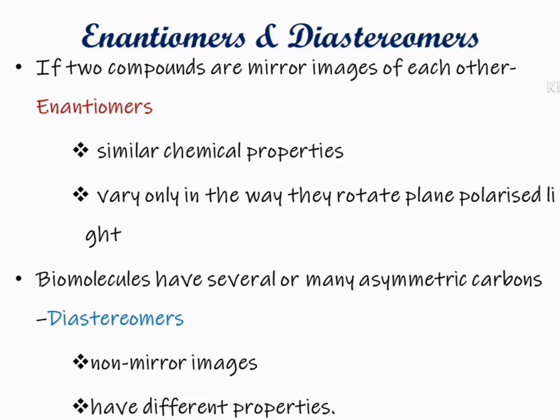Most biomolecules have several or many asymmetric carbons, and so many have diastereomers, a subclass of stereoisomers that are non-mirror images and have different properties. Stereochemistry is important since only one particular isomer of a given compound is typically used by biological systems.